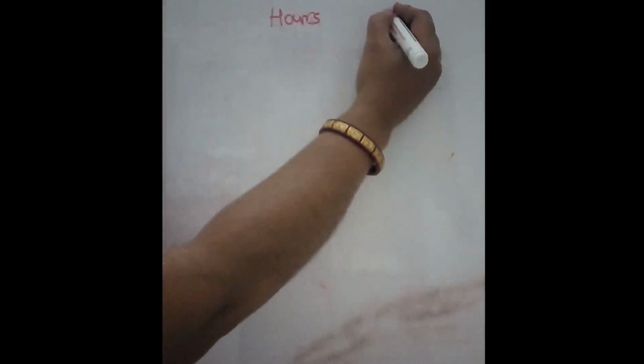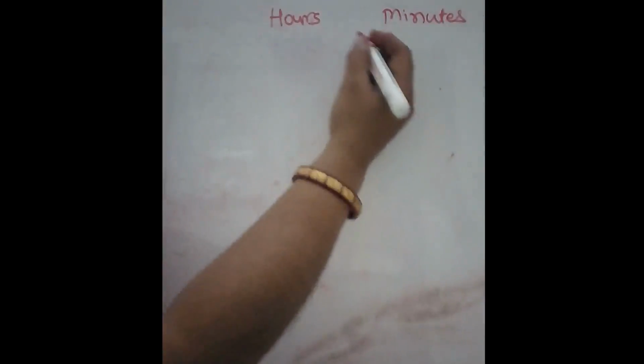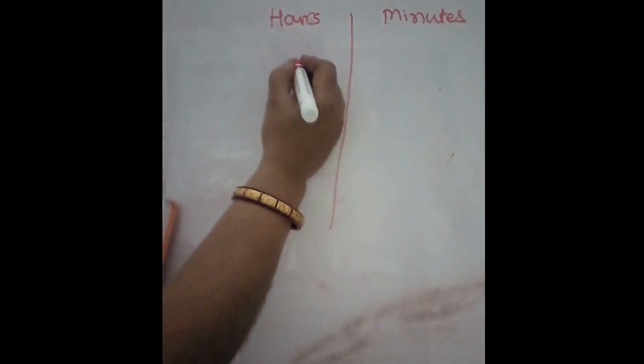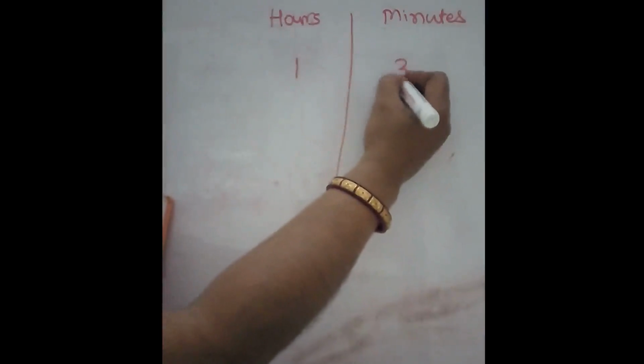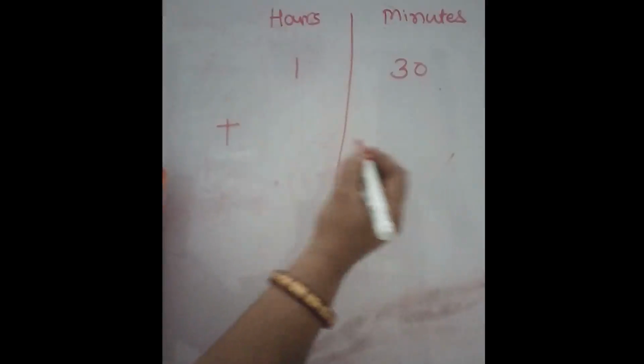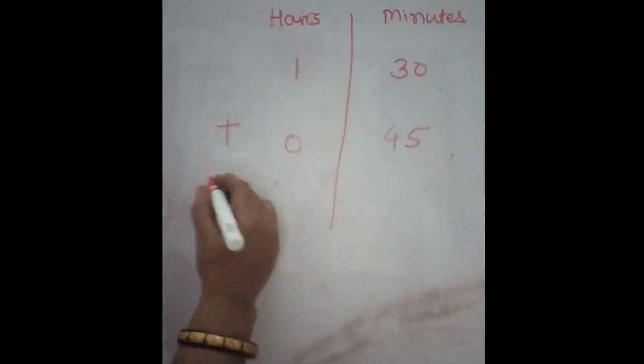So for this we will make columns for hours and minutes. One hour 30 minutes. Hour is 1 and minute 30. And you have to add this with 45 minutes. 0 hours is there.